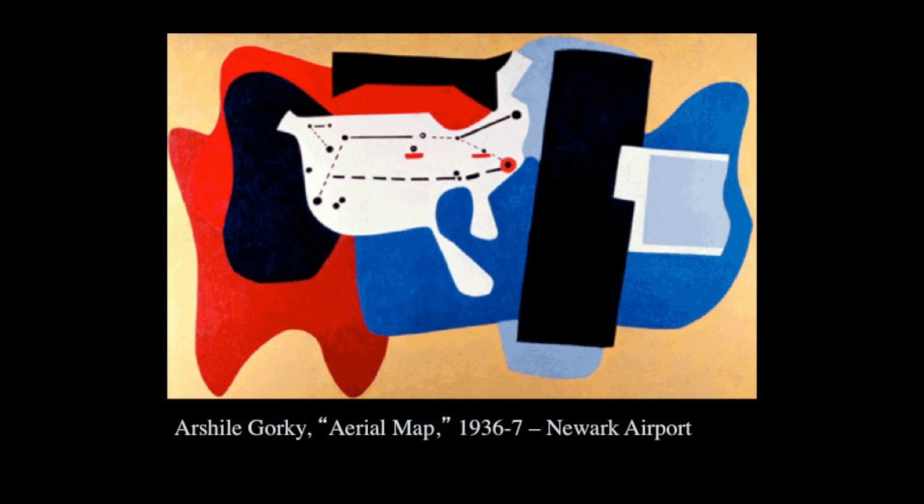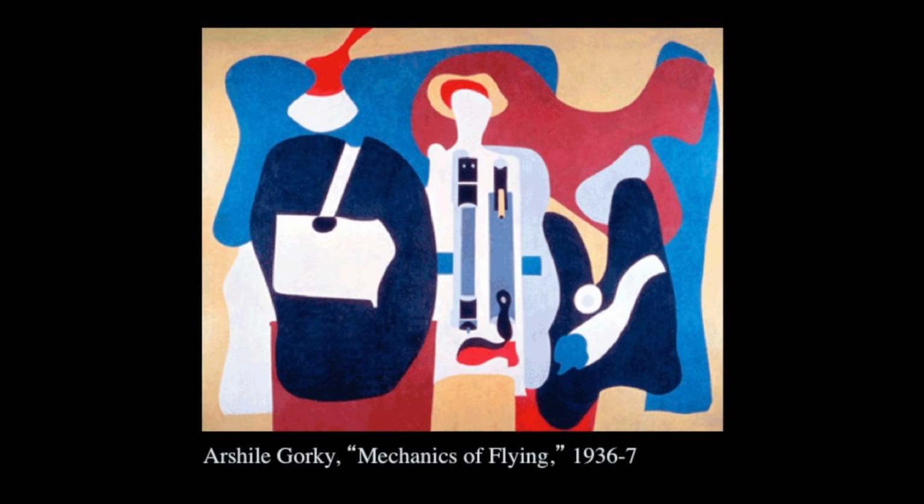Okay, next. And the mechanics of flying, which is a little more generic. It looks like an engine, it looks like pistons, it looks like things that turn wheels. I'm not exactly sure what all the parts are. But flat, abstract shapes. 1936-37, this is a decade before Jackson Pollock paints those first drip paintings, but abstraction's been in the air for some time.